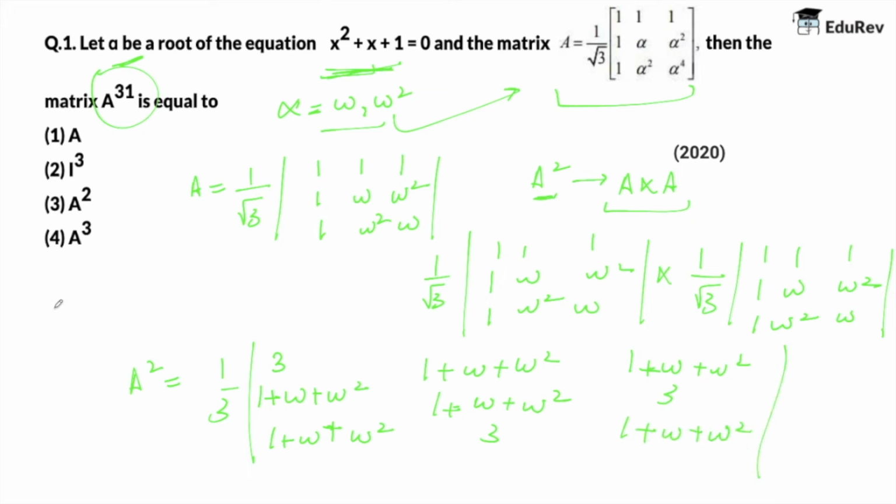Now do you remember that 1 plus omega plus omega square equals 0? If I substitute this into the matrix, it will look a little bit simpler. So A square will be equal to [1 0 0; 0 0 1; 0 1 0], since we know that 1 plus omega plus omega square is going to be 0. As simple as that.